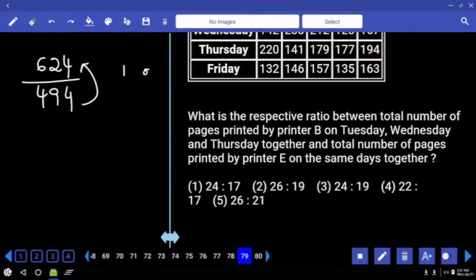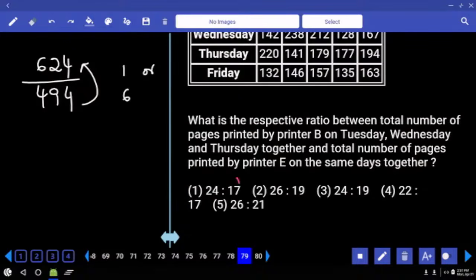Either 1 or 6, correct? 7 into 1. Any possibilities here? I am verifying those two. Denominator into 1 should end with numerator, or denominator into 6 should end with numerator.